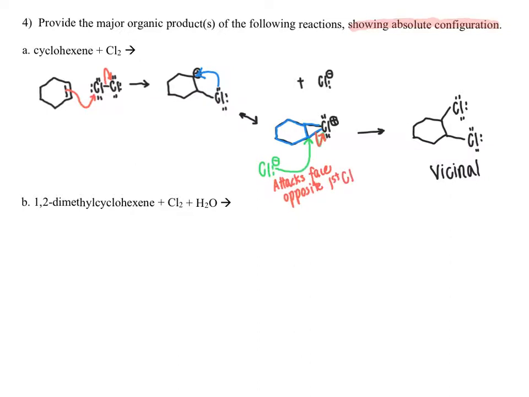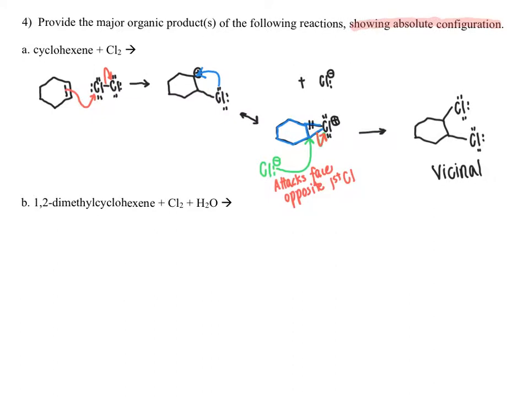In other words, if the first chlorine atom is oriented toward the back side of the molecule with dashes, that means that the second chlorine would have to be coming in from the front side and would end up showing up as a wedge. So the outcome of this is that the two chlorine groups have to be added trans to one another. It is an example of anti-addition.